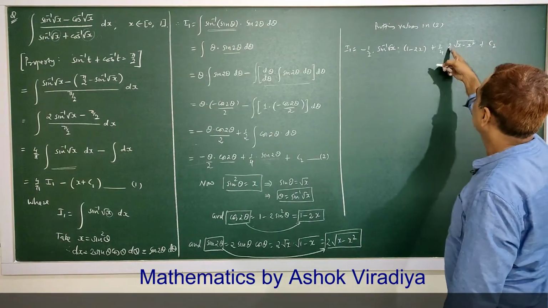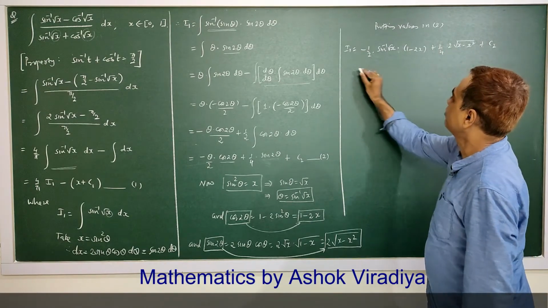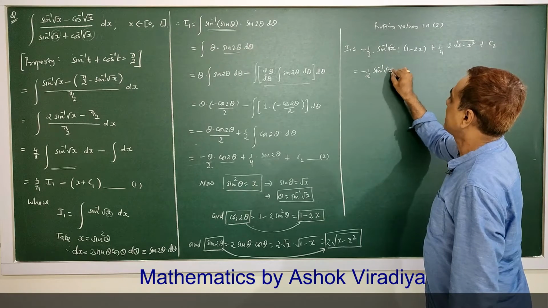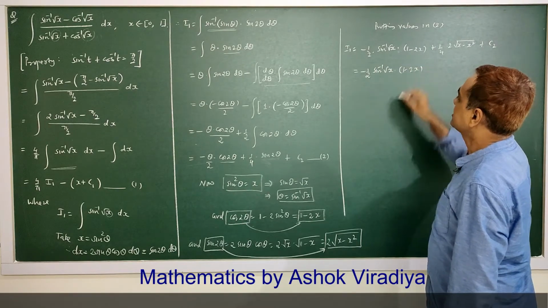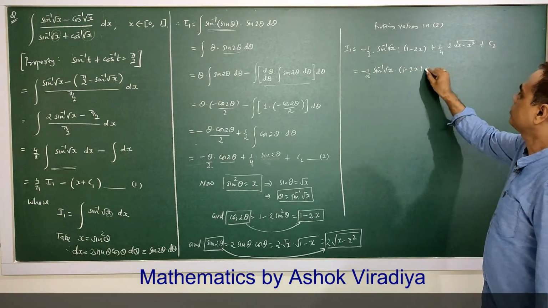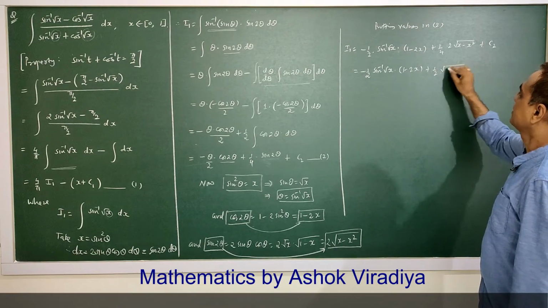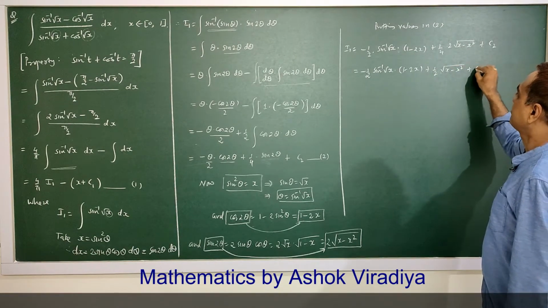Since 2 into 2 is 4, it becomes 1 by 2. So minus 1 by 2 sine inverse root x into 1 minus 2x plus 1 by 2 root x minus x square plus c2.